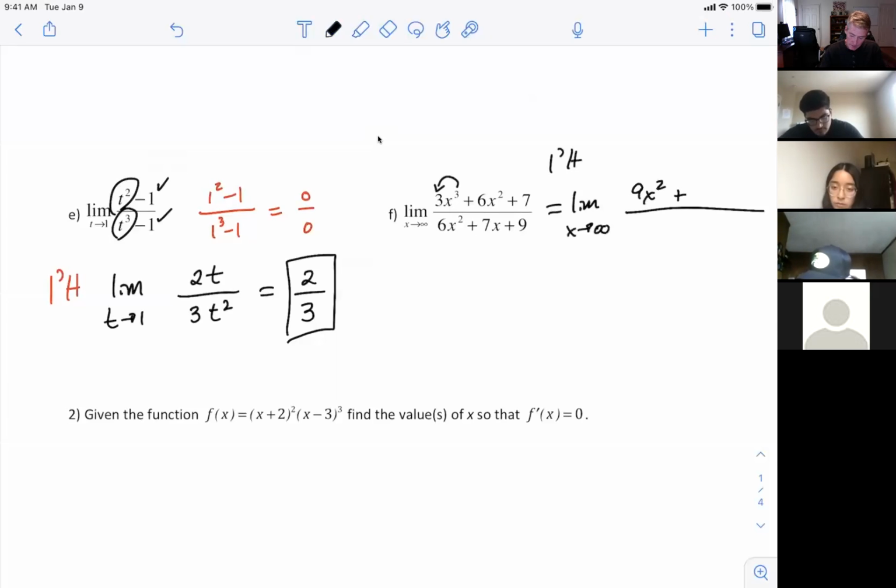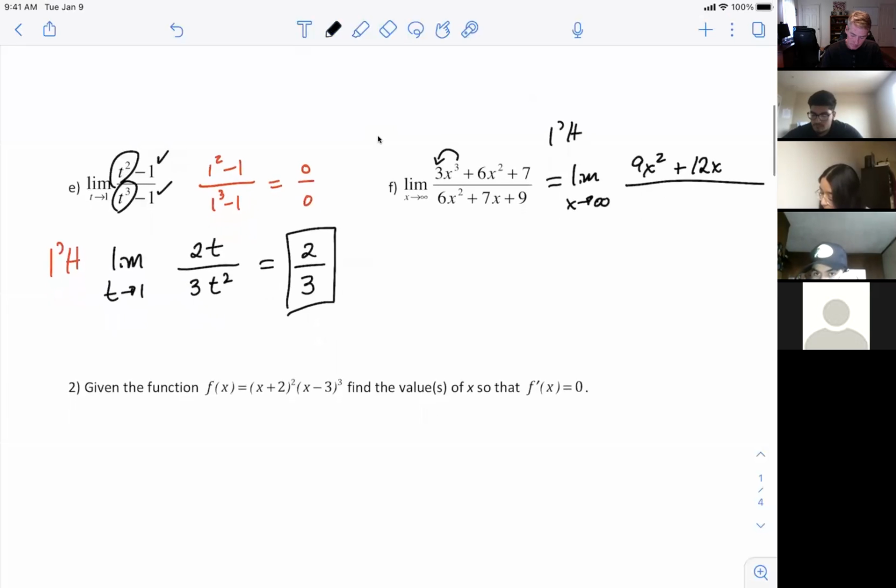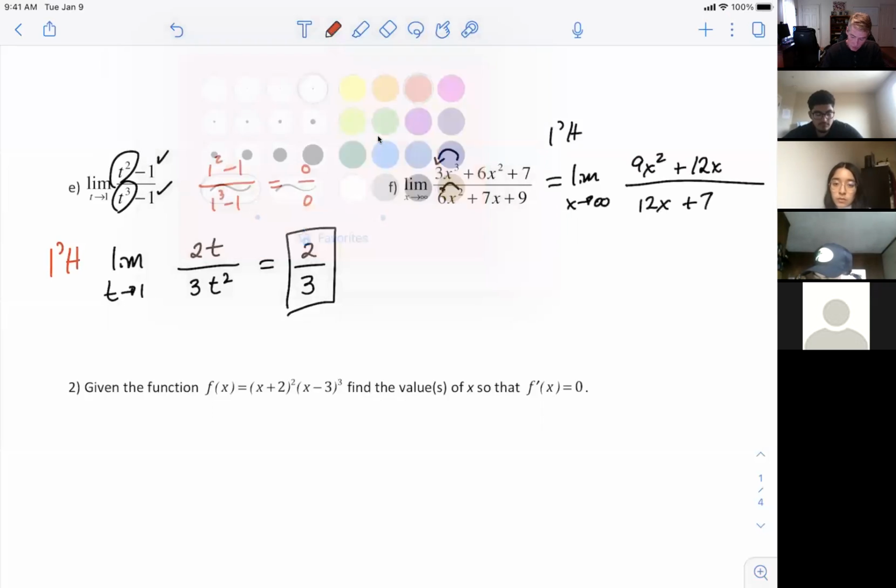And for 6x squared, its derivative will be 12x. And the derivative of 7 is 0. And then on the bottom, this would be 12x plus 7. And x is still going to infinity, which means this would be infinity plus infinity on the top, so that equals infinity.